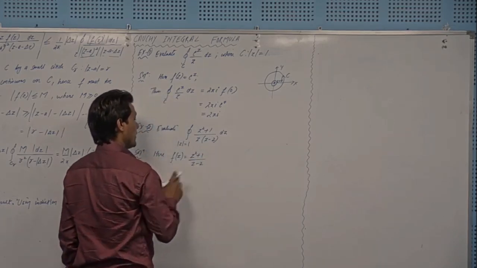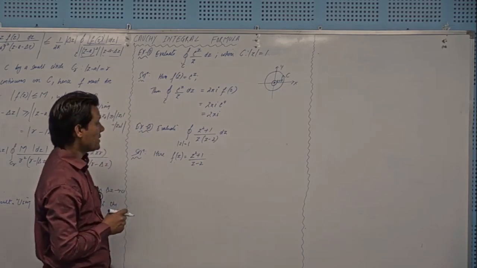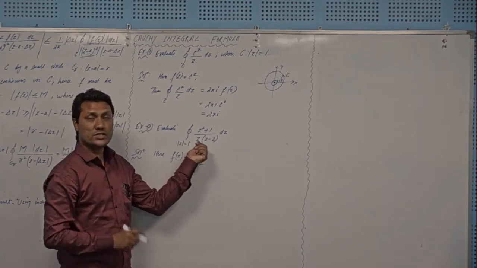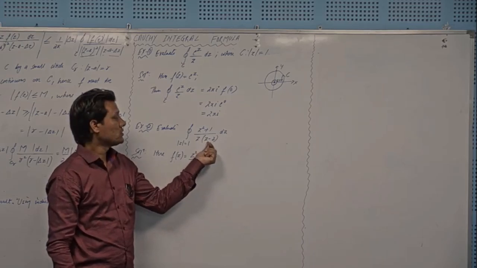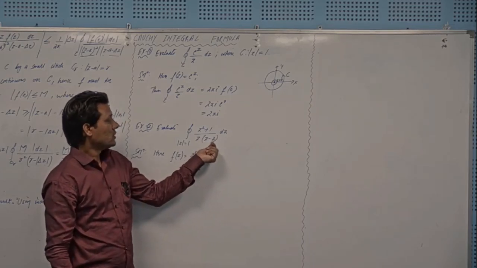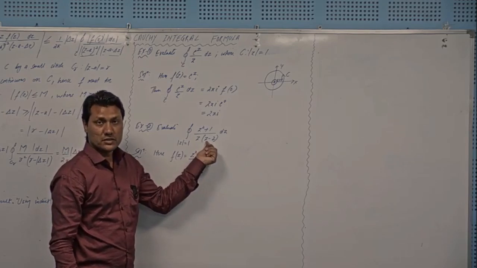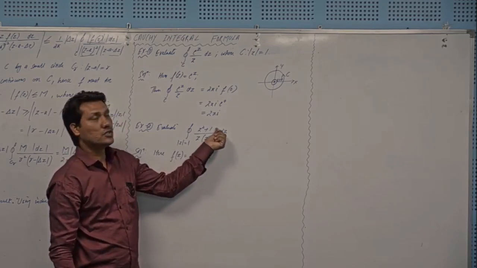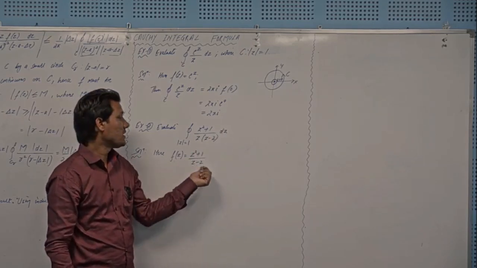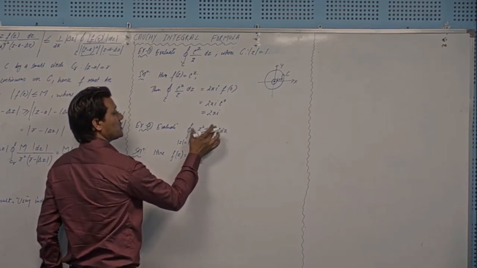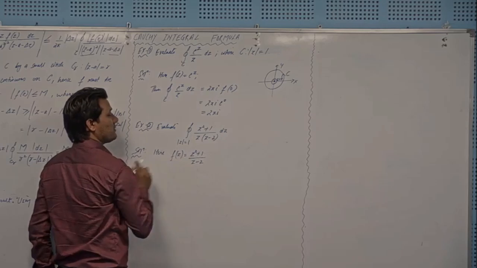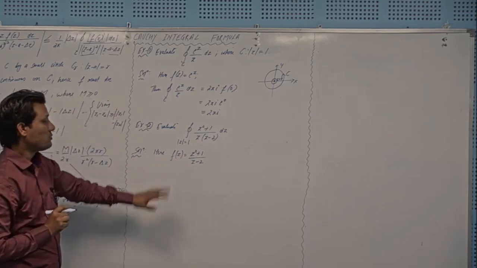This is an important step to note: z equal to 0 is giving the singularity, not z minus 2. So you should not leave this z minus 2 in the denominator, rather take it in the numerator with this z square plus 1, and that is my f(z).